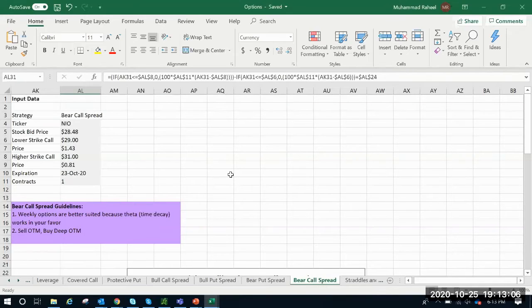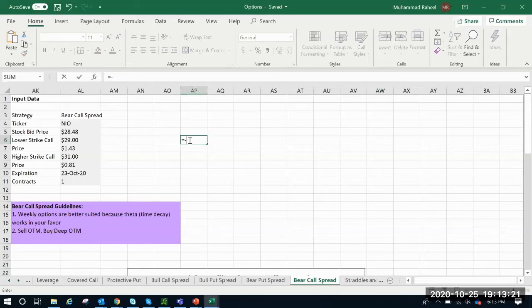Okay, so what is the trade? The trade is that you're bearish on NEO for whatever reason, right? And what you did was you sold a 29 call, and since you sold it, you actually collect the money of $143, which is what it's doing here. But at the same time, remember I told you that brokerages don't let you sell naked options.